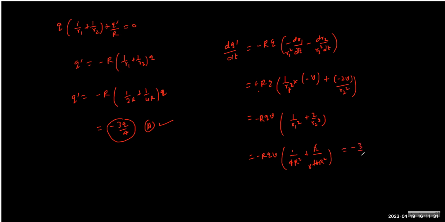Am I right? Yes, I think so. So C is matching, no? Option C, correct? You can check and tell me the answer. What is the answer? A and C, no?